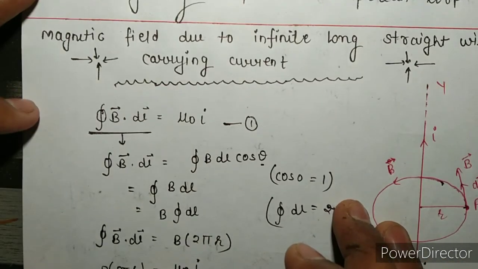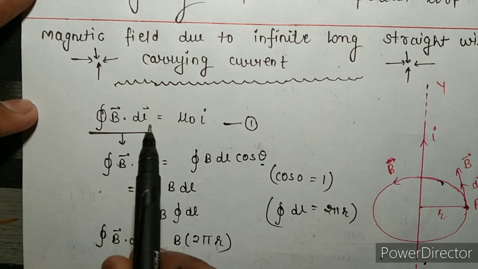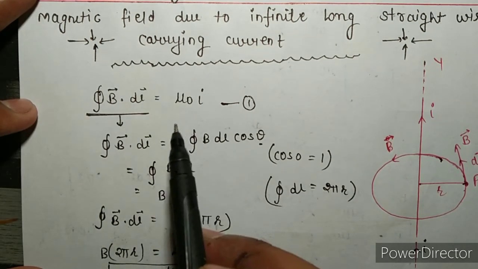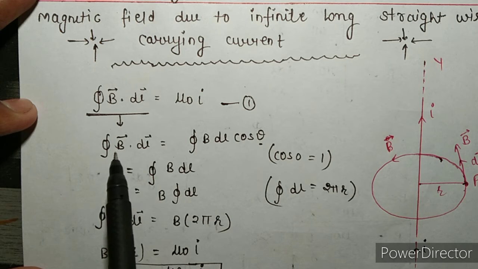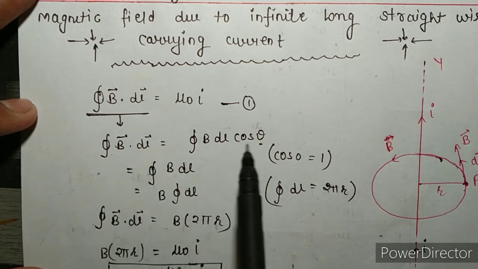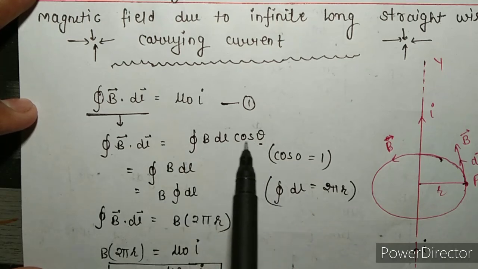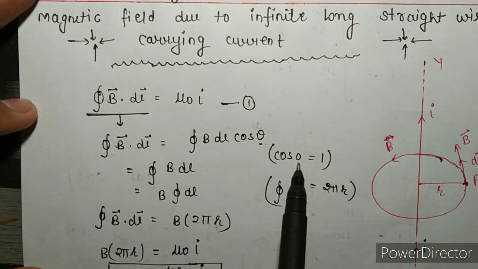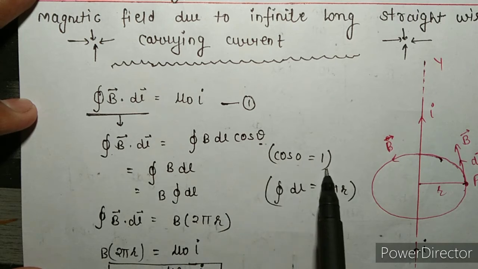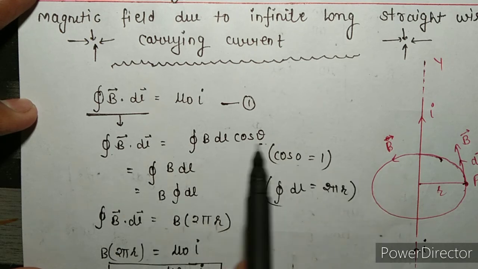So by using Ampere's law, closed integration B dot dl is equal to mu naught I, we get, now the term B dot dl we can write as B dl cos theta, means open the dot product, and because theta is 0, cos theta is equal to 1, because cos 0 is equal to 1.